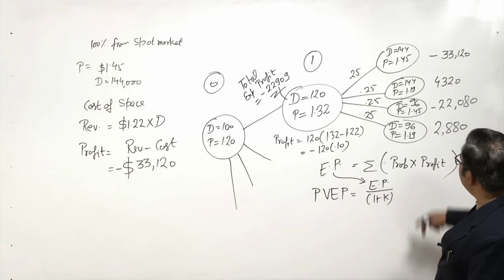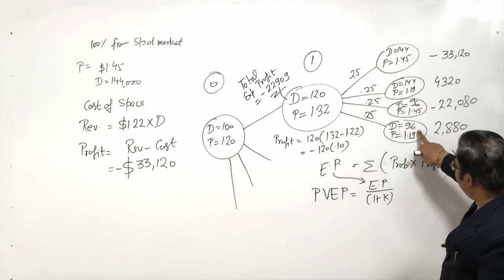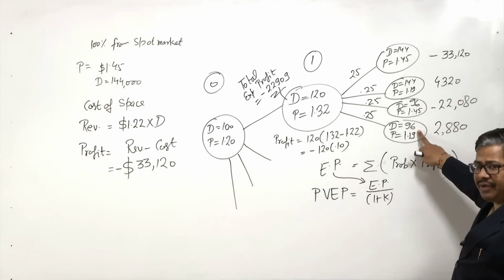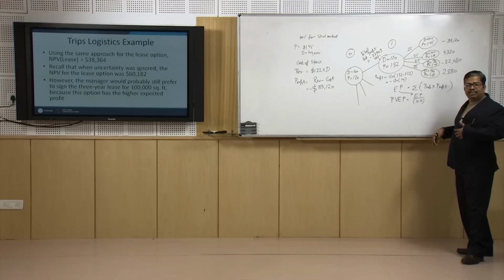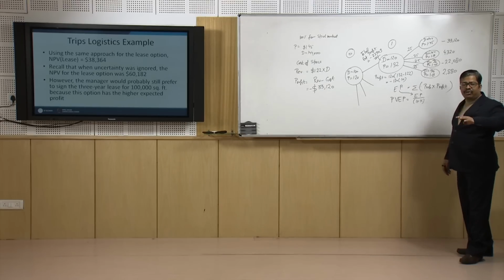The second issue is when I have less demand, 96. In that case also I will not be able to utilize my capacity to the optimum level. I have unused capacity, I am paying rent for no reason.